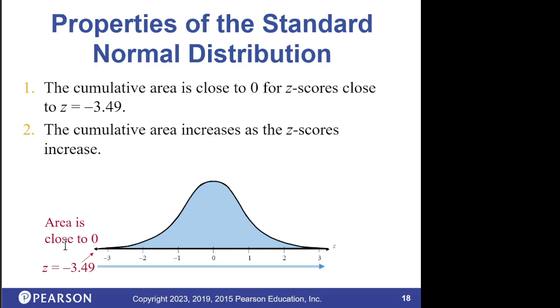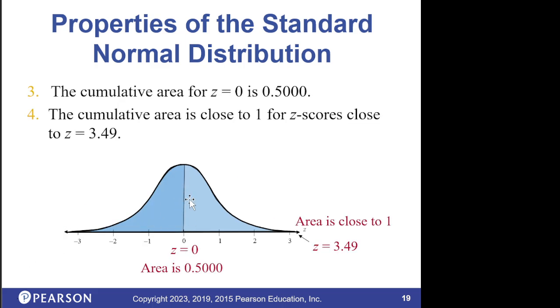If we color in everything from z equals 0, the middle point, all of the stuff coming before it is 50%, or the area of everything up until 0 is 0.5. And if I get really close to z equals 3.49, the area under the curve is really close to 1.